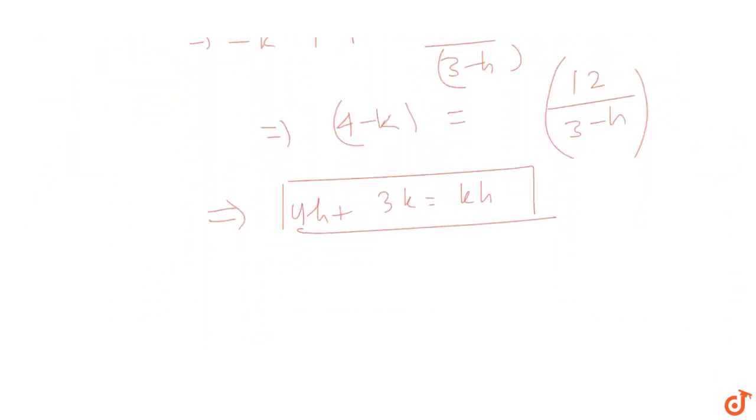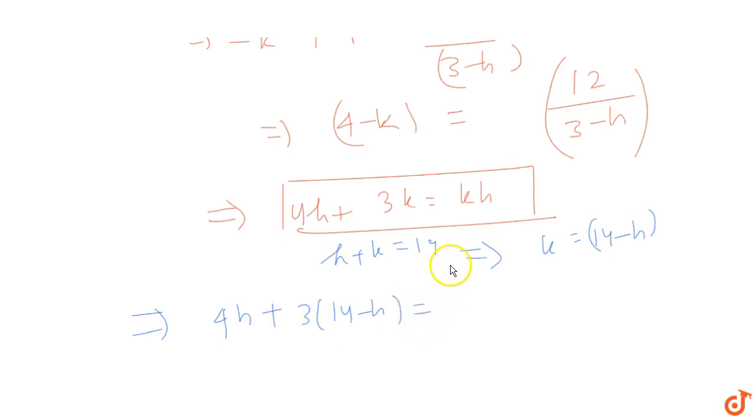Now we have another equation, that is h plus k equals 14. So we will substitute k equals 14 minus h in this equation. If we substitute k equals 14 minus h, it would reduce to h squared minus 13h plus 42 equals 0, isn't it?